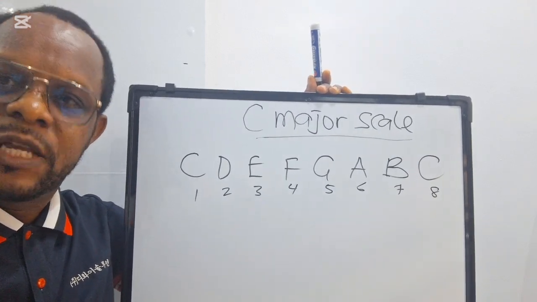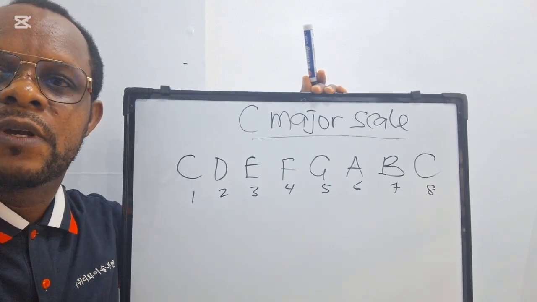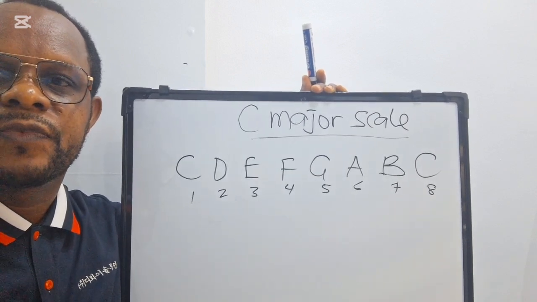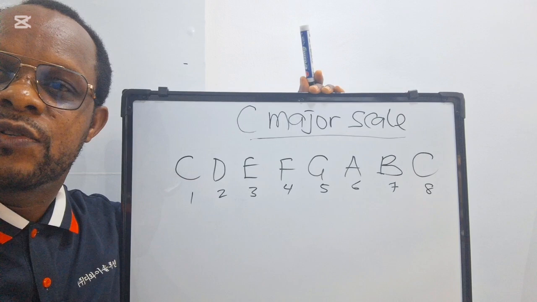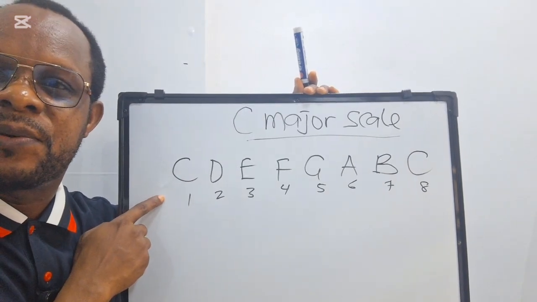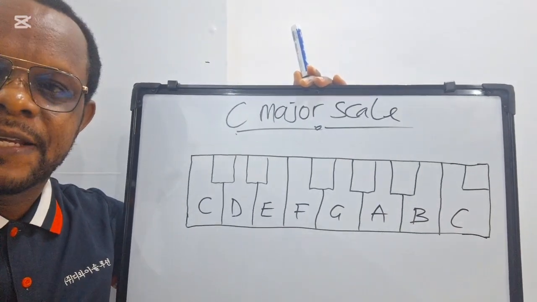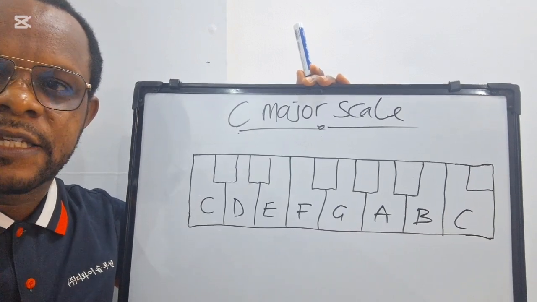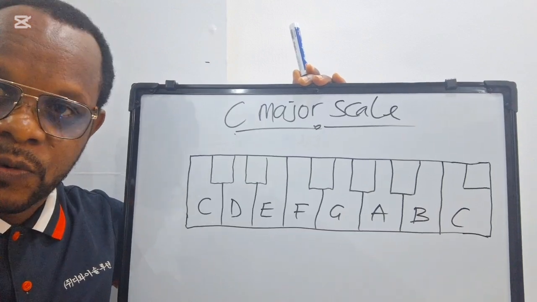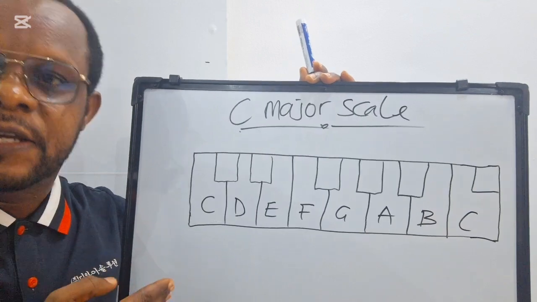The key of C major is seen as perfect, and it is used as a measure to start up other major scales. So, let us see how the tones and semitones are arranged in the key of C major scale.